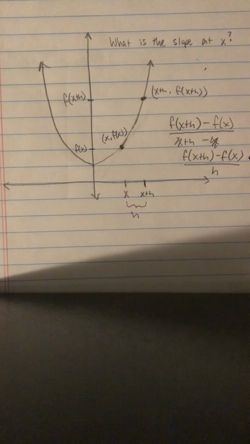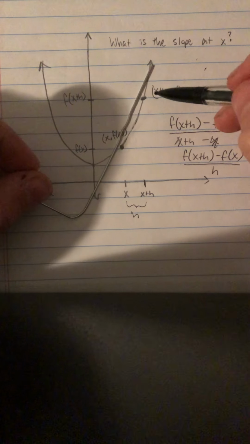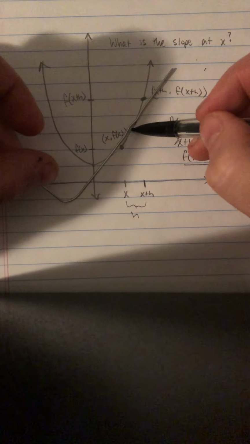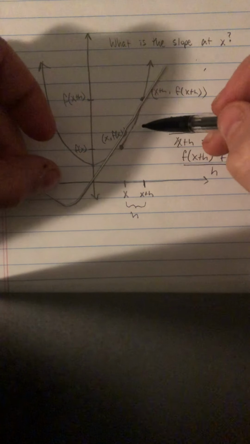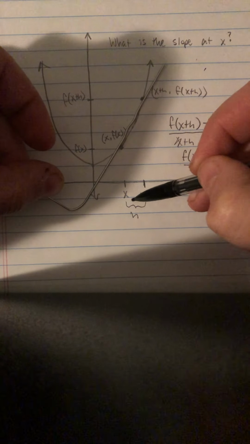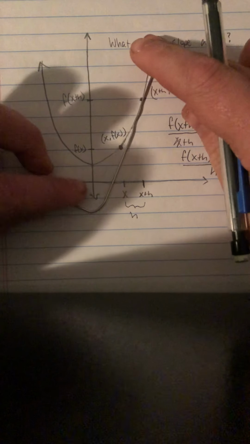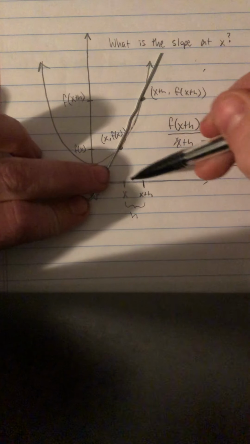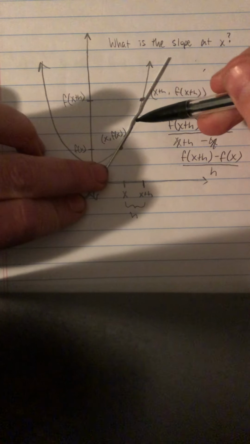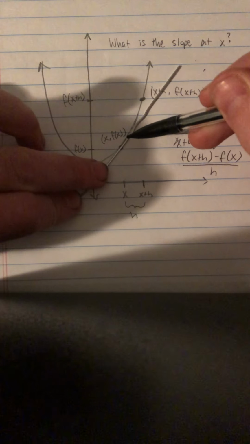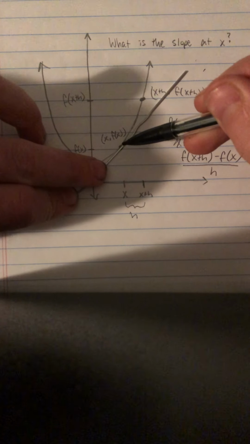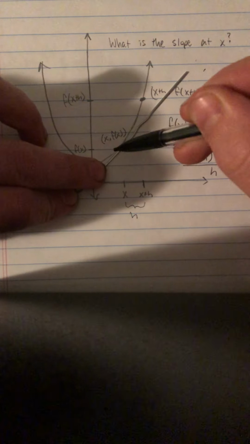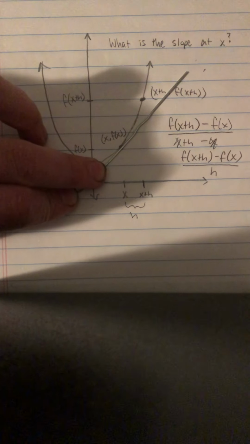Okay, and really what we were doing before in that example is we were trying to bring that closer and closer and closer to where that h value would get smaller and smaller and smaller. So we started off in that previous example with 1 as the difference here, and we kept bringing that second point in, and as we brought that second point in, that gave us a really good approximation of what this slope was, what the derivative actually was.